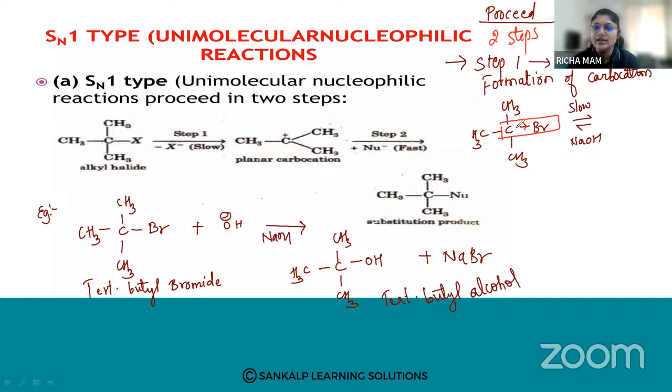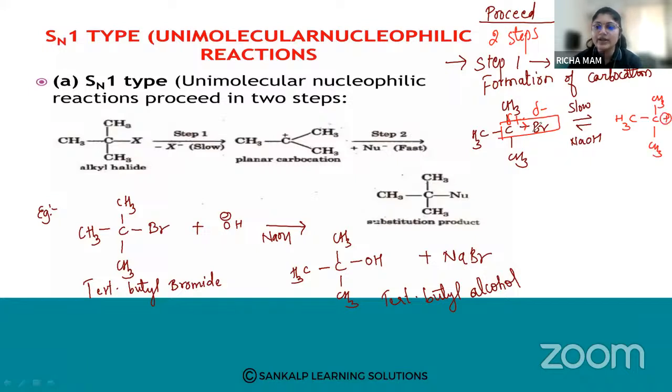As a result, there will be a partial negative charge and a partial positive charge, and cleavage takes place. The polarized C-Br bond will undergo slow cleavage. The breaking of this bond takes place, and as a result, CH3, C, CH3, CH3 with a plus charge forms.